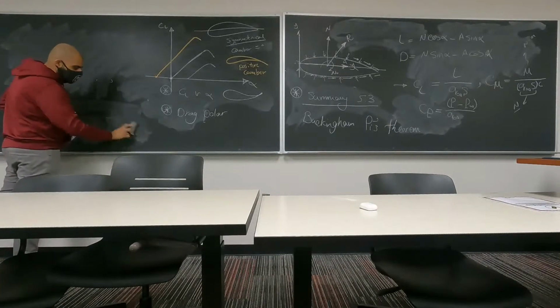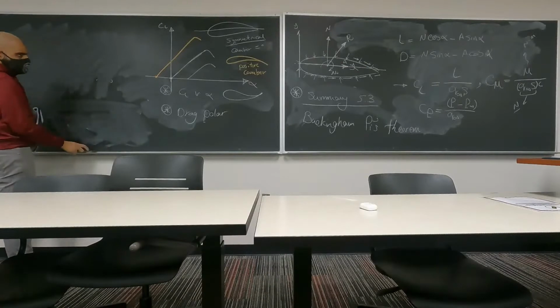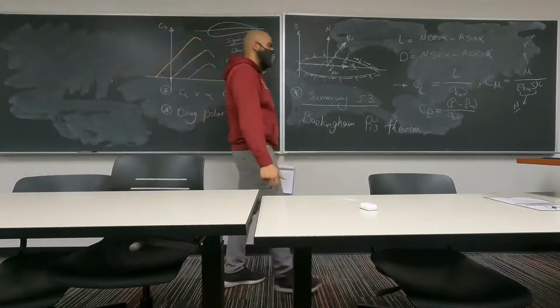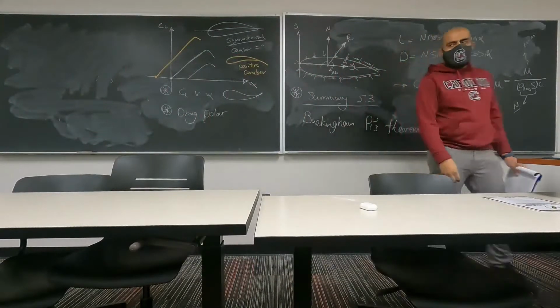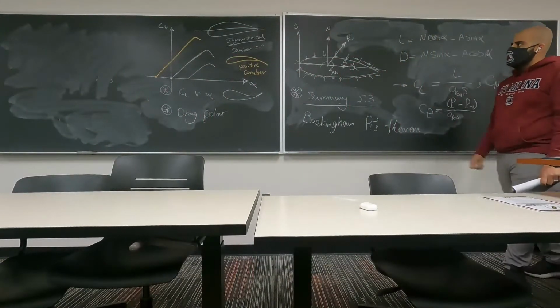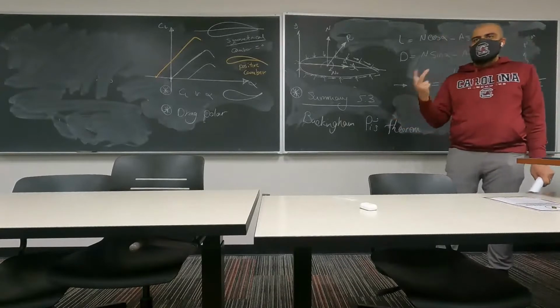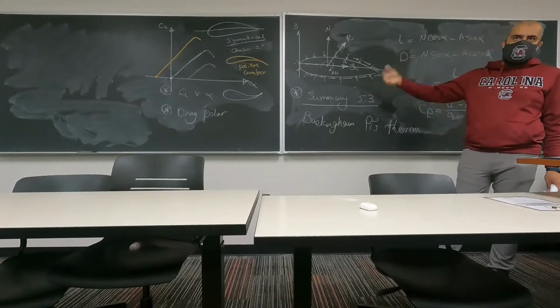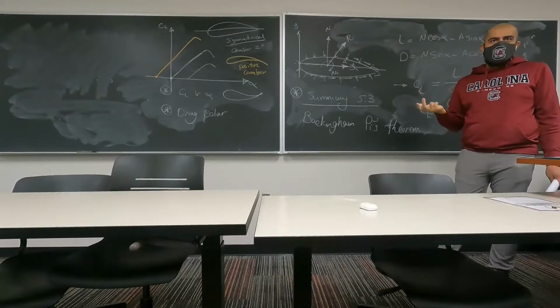The idea here is, and we have talked about this many, many times, we have tried to hammer this concept that the only two ways a flow can exert force on an object is by shear stress and pressure, right?